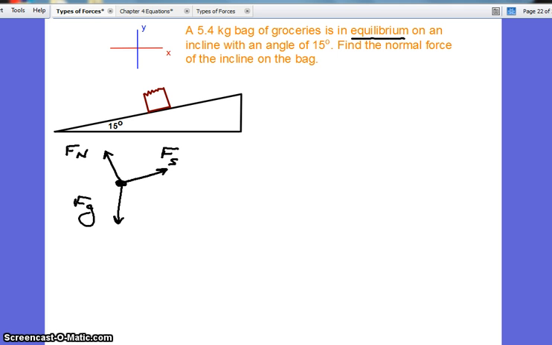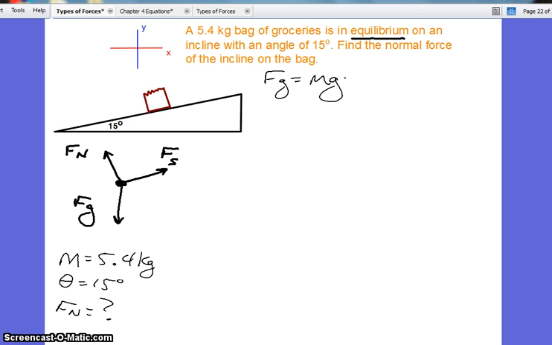The next step is to write down our givens. And so we know that the mass of the groceries is 5.4 kilograms, and the angle is 15 degrees. We want to find what is the normal force. First step, if you're given the mass instead of the gravitational force, solve for the gravitational force by multiplying that mass by the gravitational field constant.